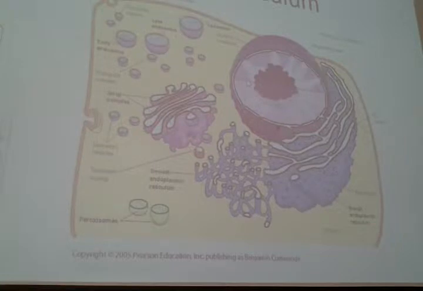There's a lot more smooth ER because, as you're probably aware, your liver is our main detoxifying organ. So inside the smooth ER there is a whole family of enzymes called the P450 cytochrome family of enzymes, and they are all about detoxifying the nasty things that we eat and or drink.